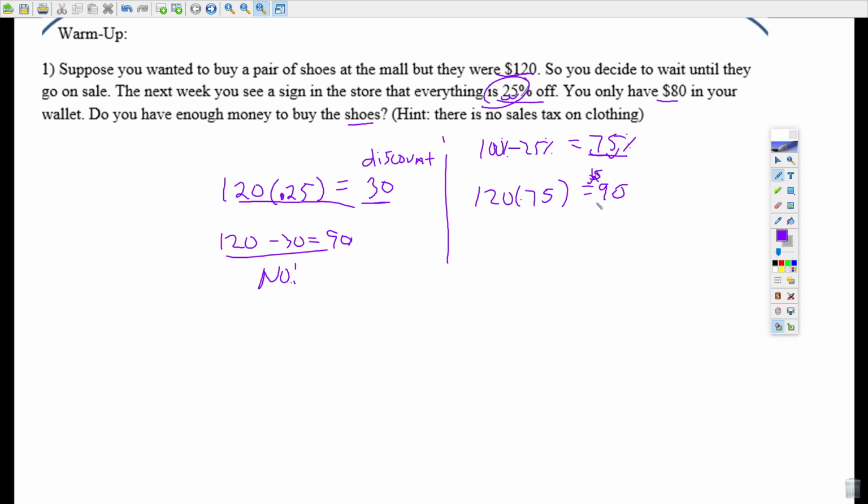So this method kind of gives you the price right up front. And yes, I guess you do still do two steps, but I think this is a little bit easier than using the calculator maybe twice in this case, which could be more difficult. So you just have to take the 100% you're paying for minus the discount that we're getting off, and then use this as your percentage, 75%.